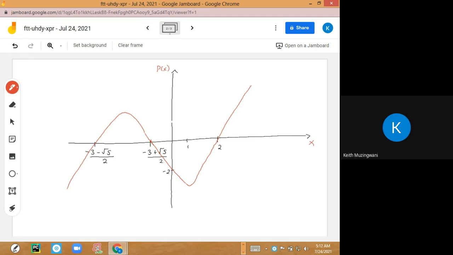So that's how you sketch your polynomial. So what will happen is that when we do calculus, we'll find a way of knowing these turning points. For now, we don't know them, but calculus will help us if we know what the turning points are.